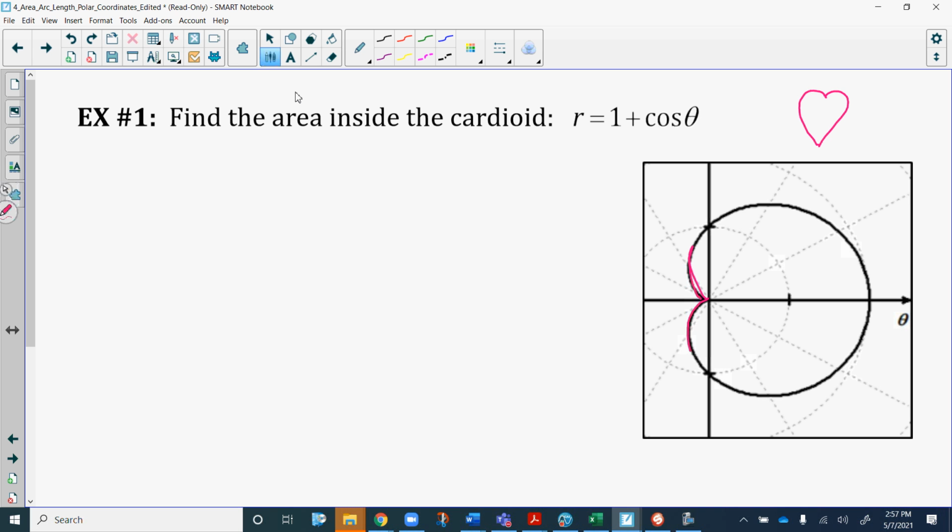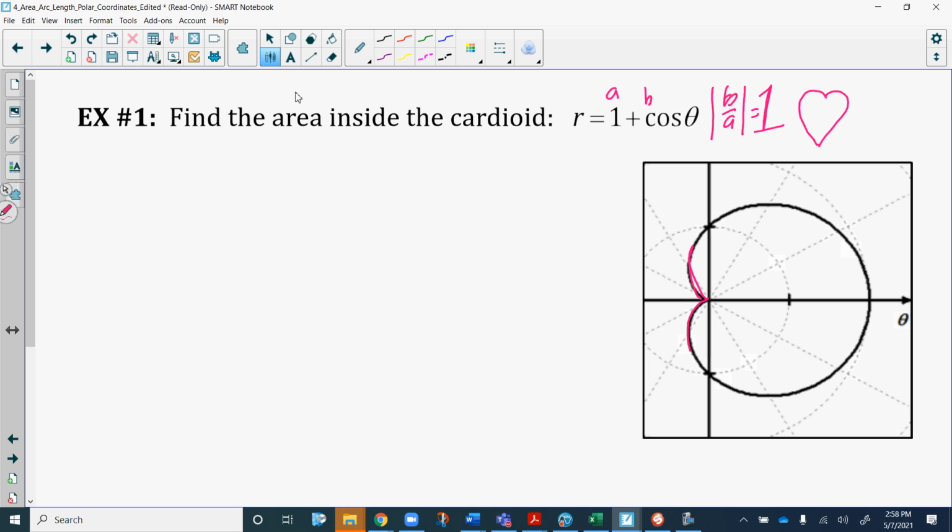Anyway, remember, a cardioid is made when the absolute value of the ratio of B to A is equal to 1. If the ratio was less than 1, that's what creates those inner loops on the limacons that we have seen previously.